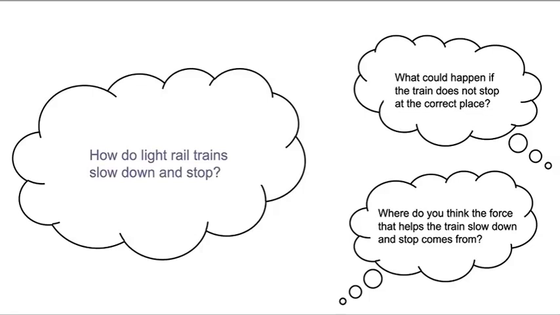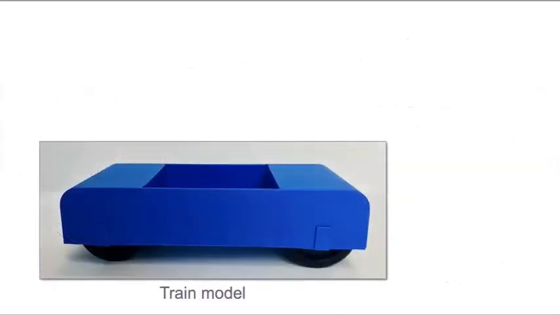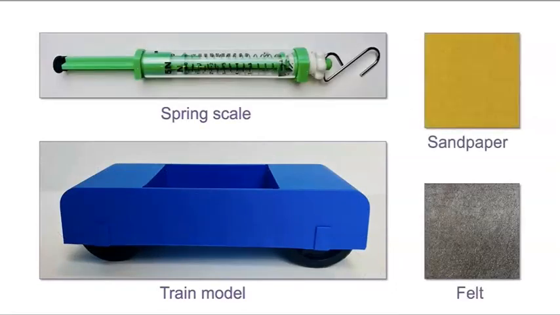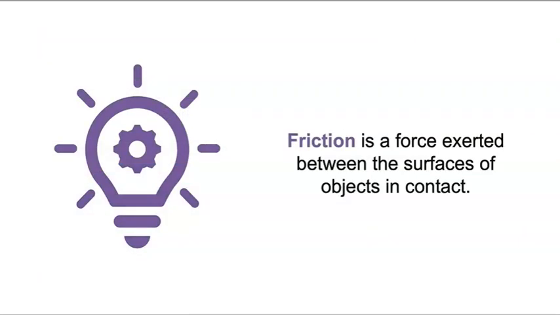and stop? Let's use our train model and some other materials to model how a light rail train slows down and stops. We need to think about how friction will affect our materials. Remember, friction is a force exerted between the surfaces of objects in contact.